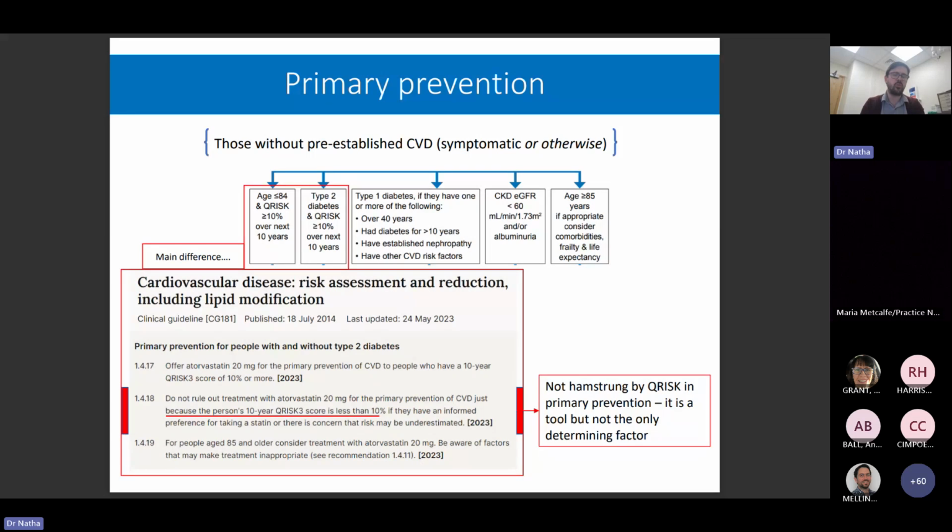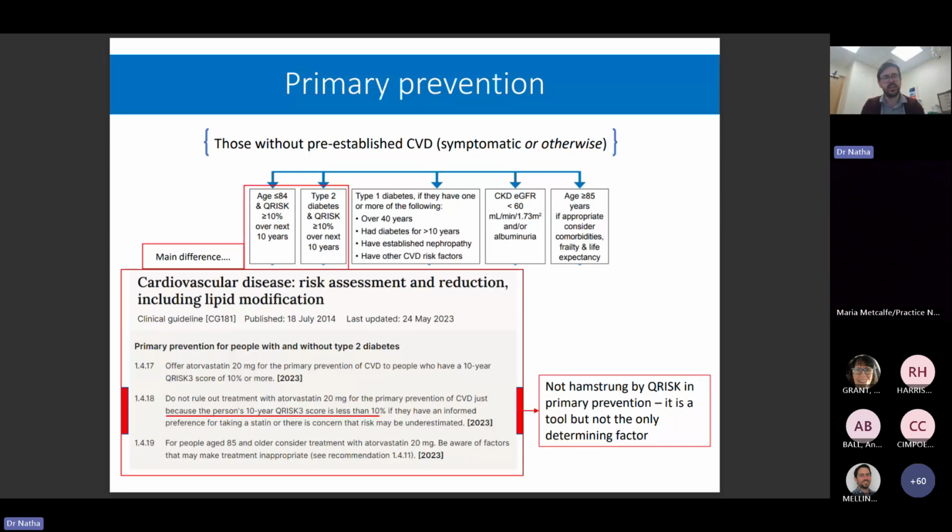Before, the dogma was, well, if your QRISK is under 10%, then your 10-year CVD risk is low enough that you don't have to treat their lipids, or it's potentially a decision that needs to be individualized to that individual. The dogma is changing. NICE hasn't quite caught up yet, but internationally, we're thinking more about lifetime risk rather than 10-year risk, which is what the dogma has been over the last 10 to 20 years.